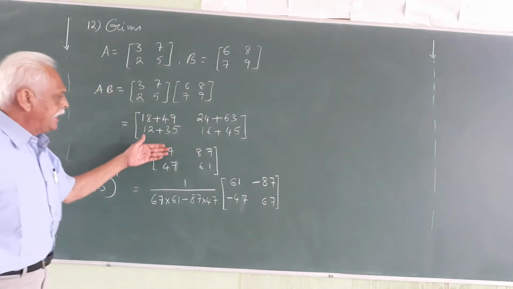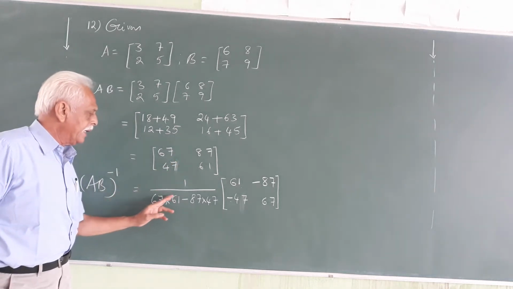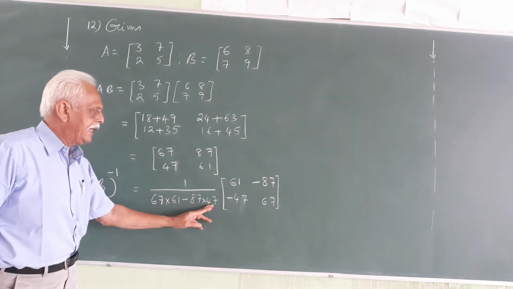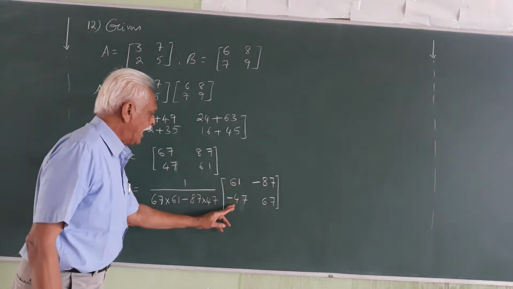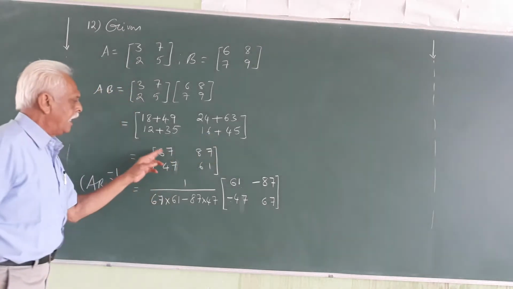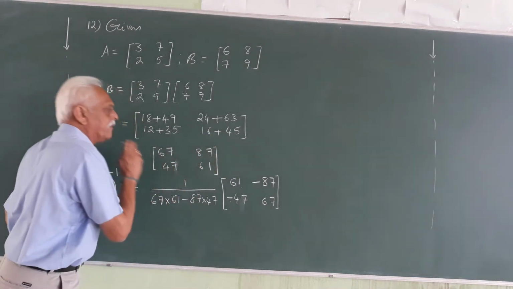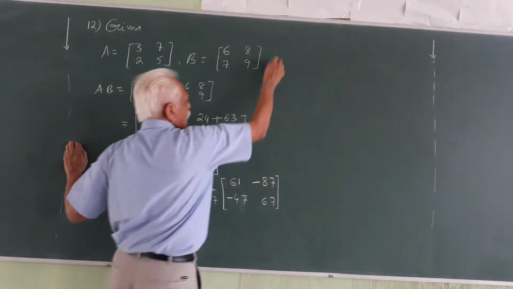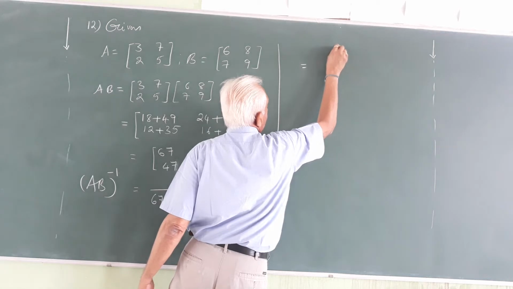Whenever the matrix is [A, B; C, D], inverse is 1 by AD minus BC into [D, minus B; minus C, A]. You have to interchange these two and you have to change the sign of these two. Now what are you getting?